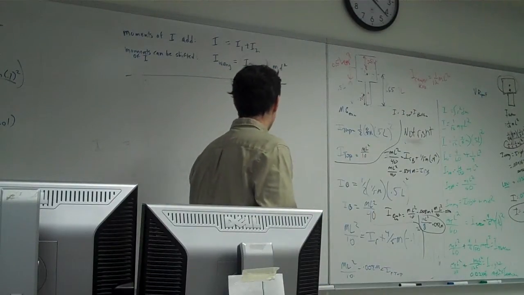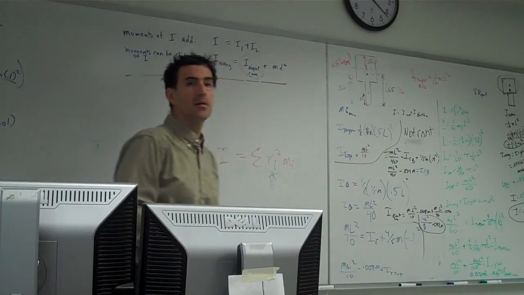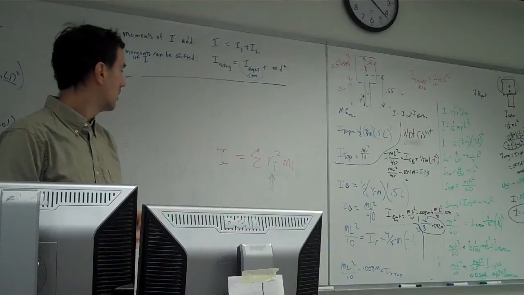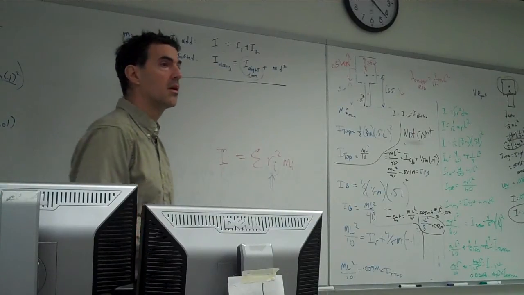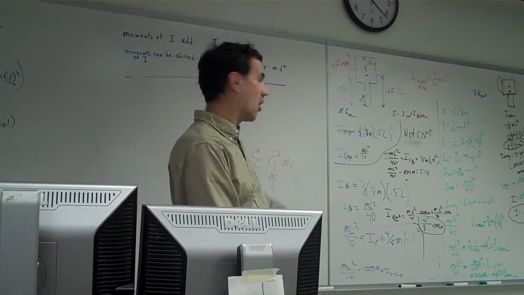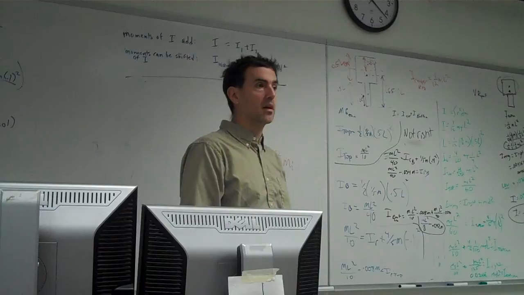Okay? What R is that? From where to where? Center of mass to where the mass will be. Excellent. That R is from the center of mass to that particular chunk of mass. Okay?